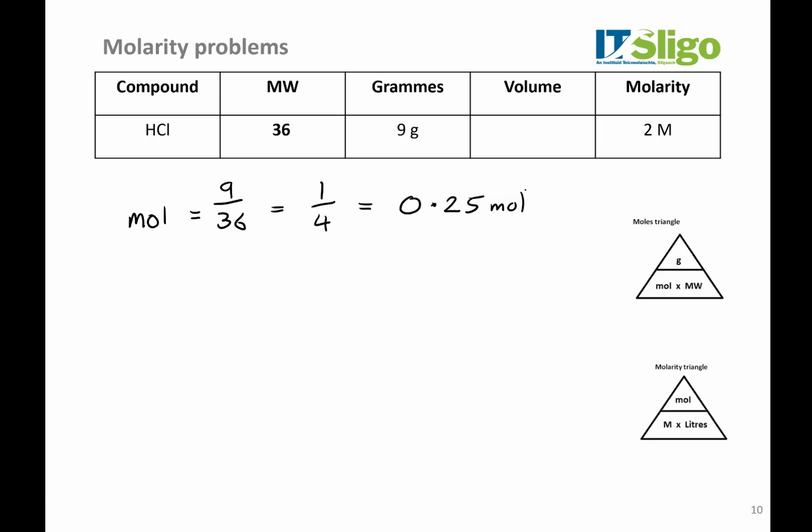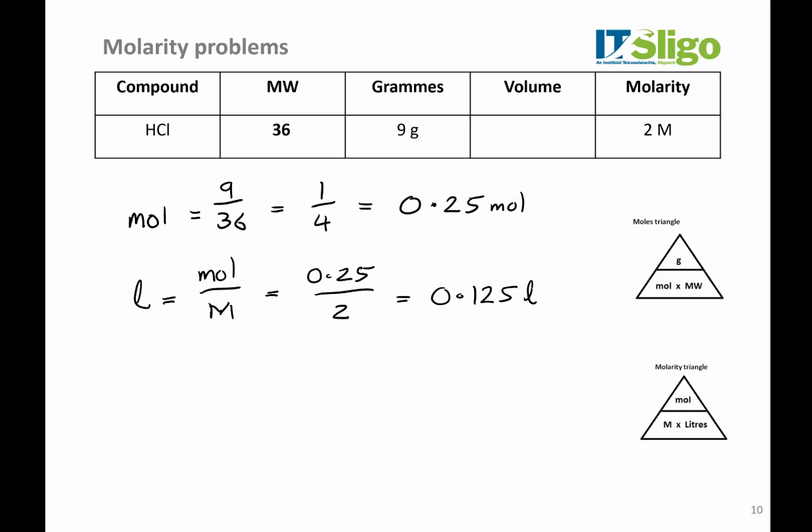Now we can calculate the molarity. Oh no, we can calculate the volume. We know the molarity. We know the moles. So volume, liters, is moles over molarity. So in this case it's 0.25 from the line above. The molarity is 2. So the volume, guys, is 0.125 liters.